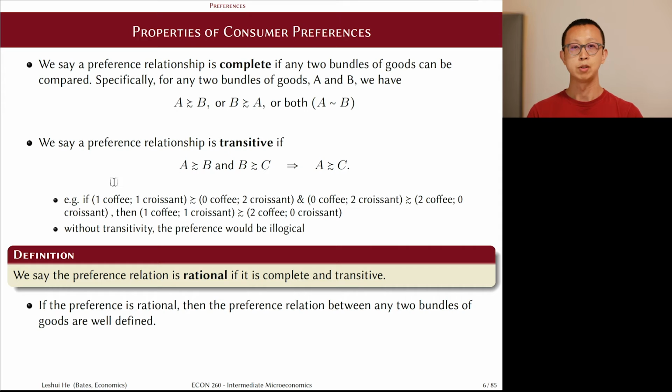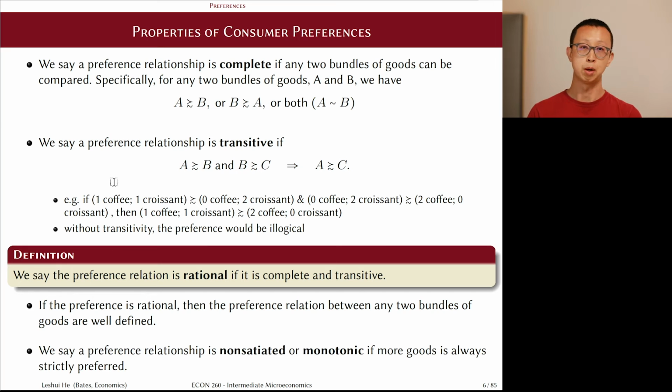Within the realm of preference relationships, we would say a preference relationship is rational if it satisfies both completeness and transitivity. Because then you can present different bundles to this consumer, and this consumer will be able to tell you how they compare against each other, while at the same time, with a sequence of comparisons, all the results are logically consistent.